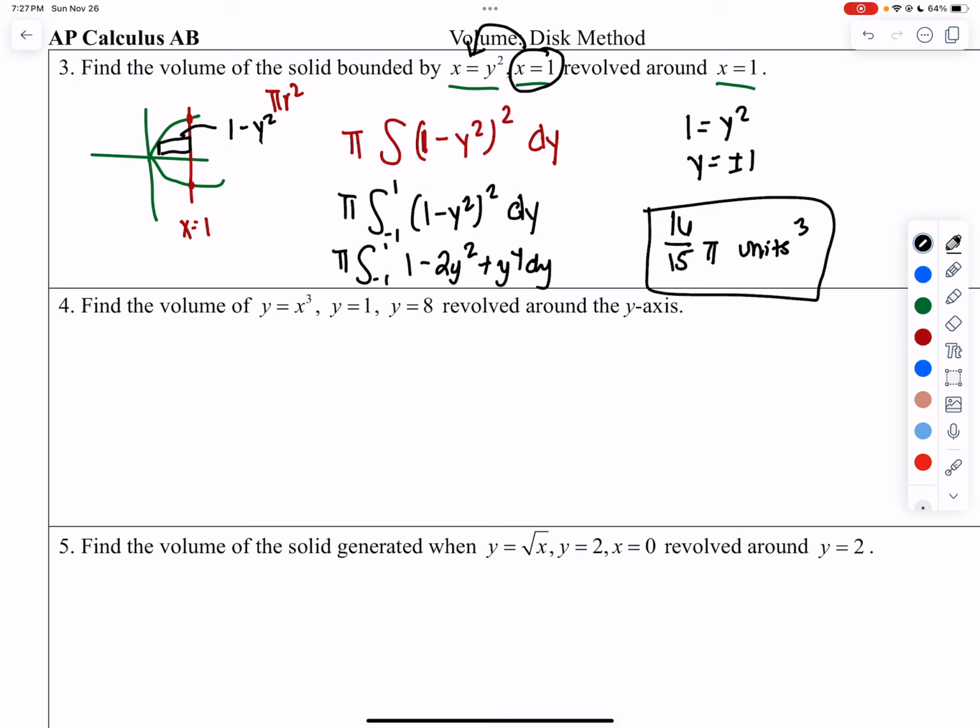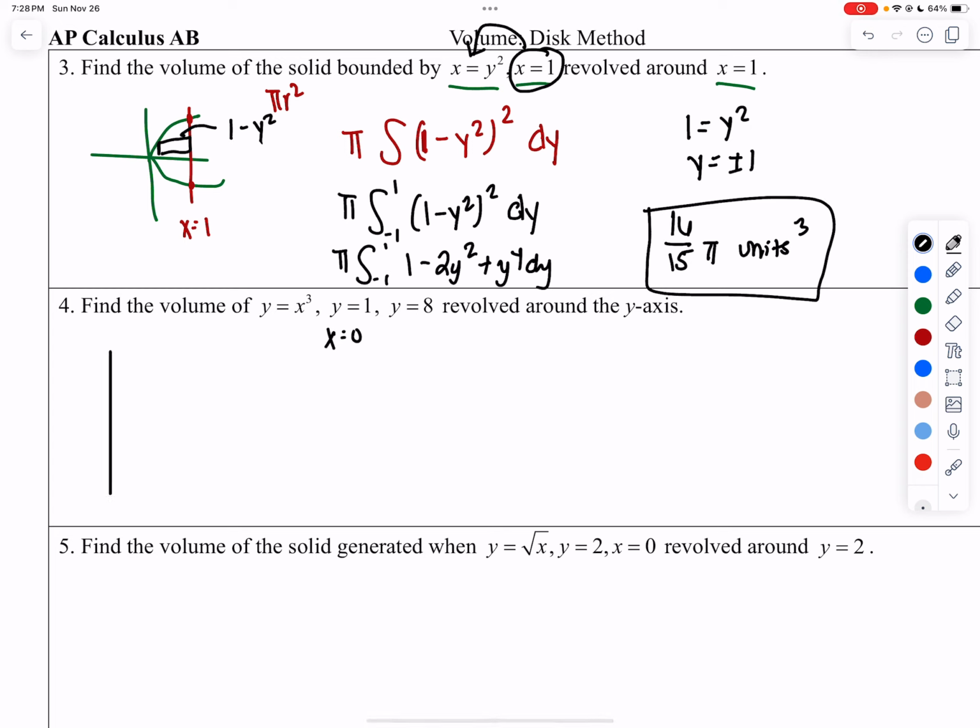Okay, number 4, we want to find the volume of y is equal to x cubed, y is equal to 1, and y is equal to 8 revolved around the y-axis. Something that I forgot about number 4 is that it needs to be x is equal to 0 also, because that's on the y-axis. Remember that you can only use the disk method if it's adjacent to the axis of revolution.